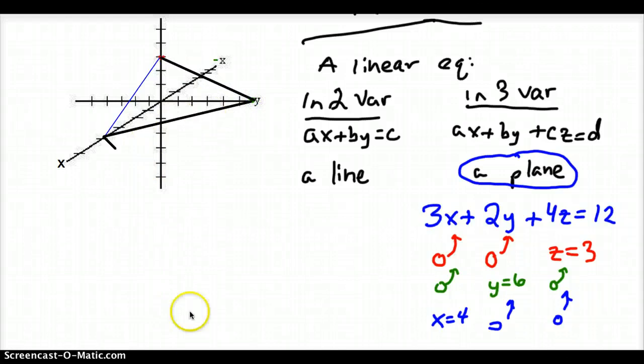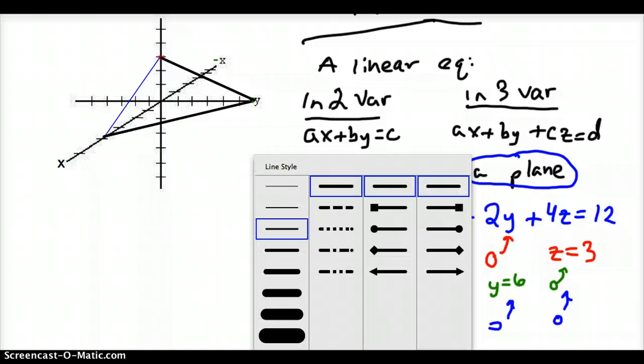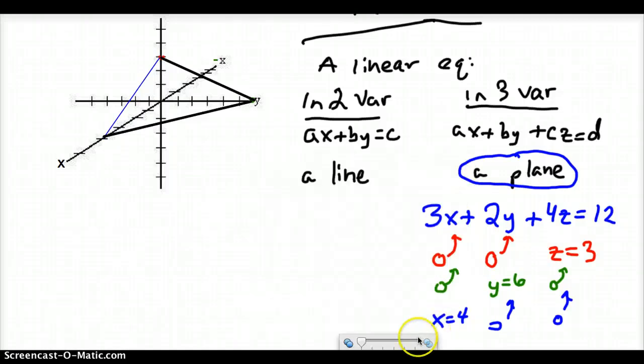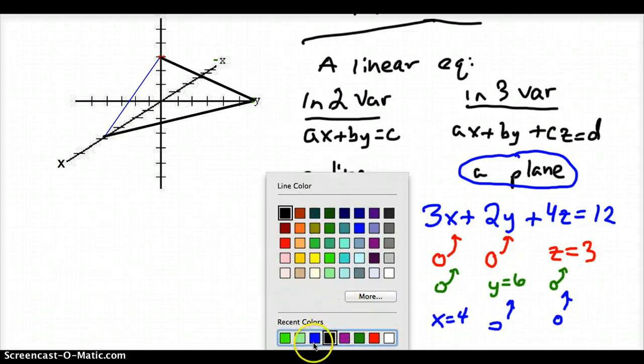And if we connect those dots, that represents the plane. Let's just go green.